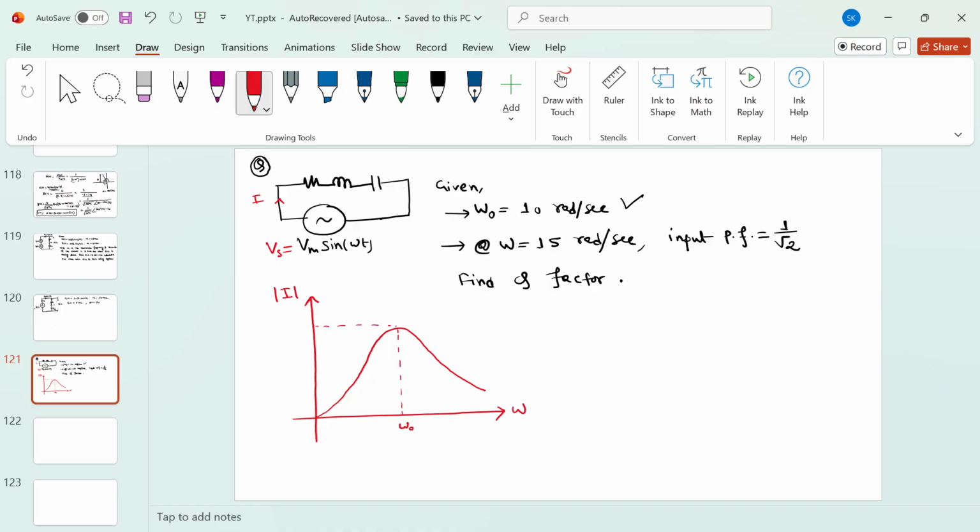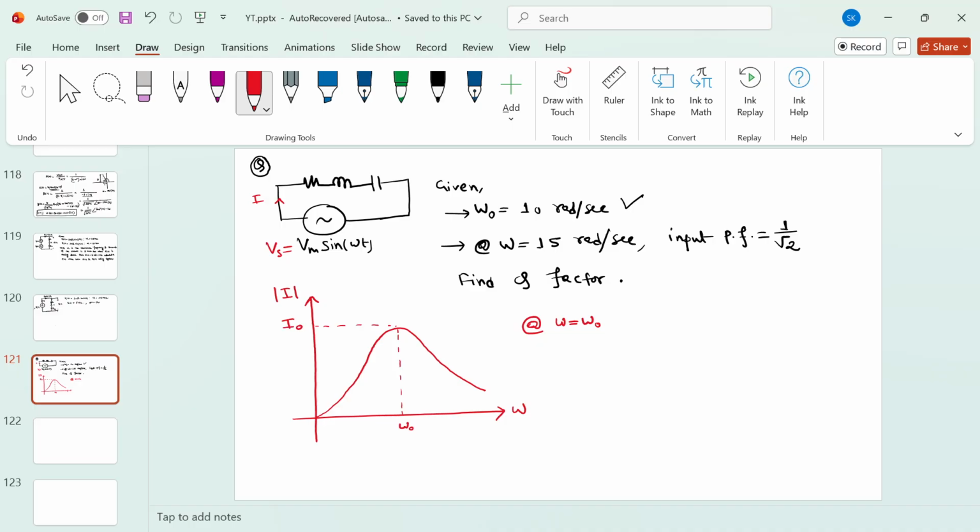At this resonance frequency, your circuit power factor will be unity and the power delivered will be maximum. That means at omega equals omega naught, the resonance frequency, you have the maximum current here. Let me call it I naught.